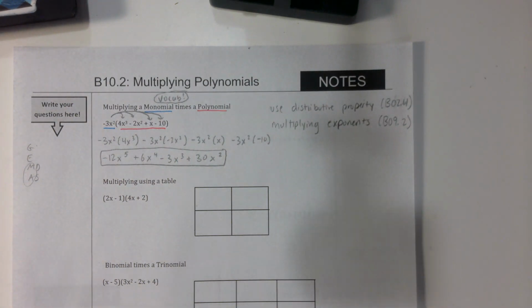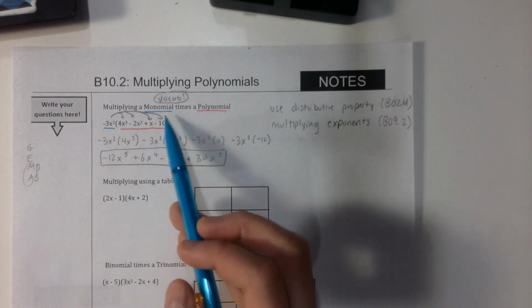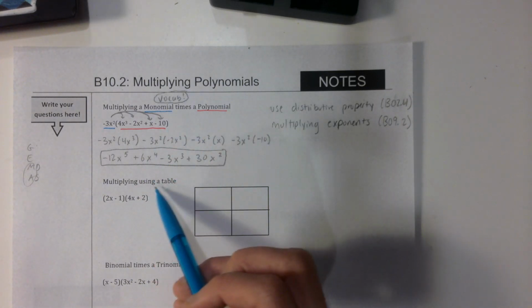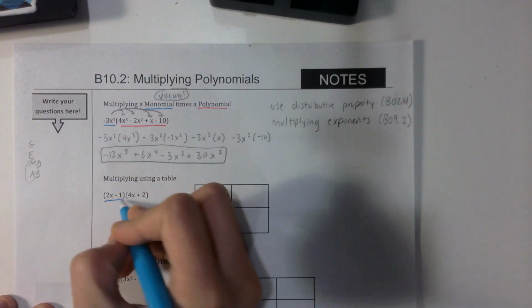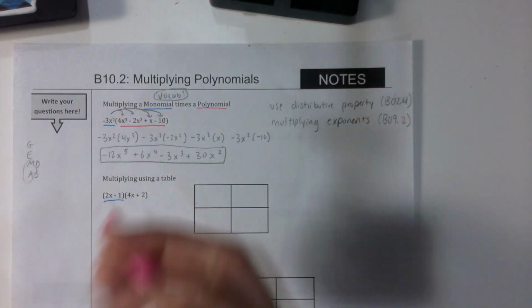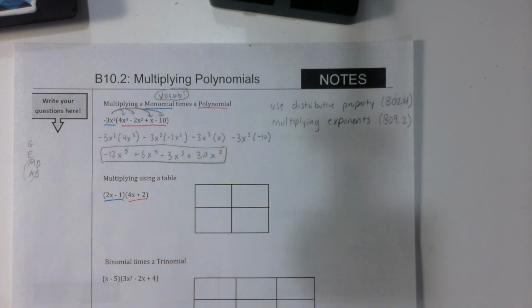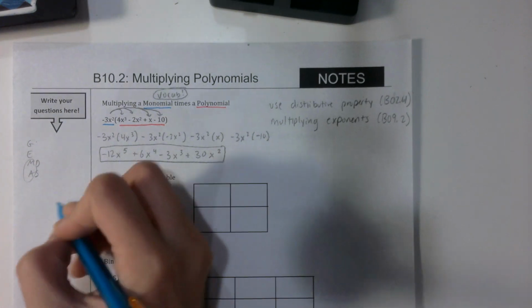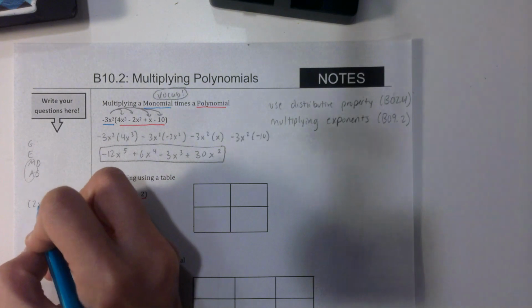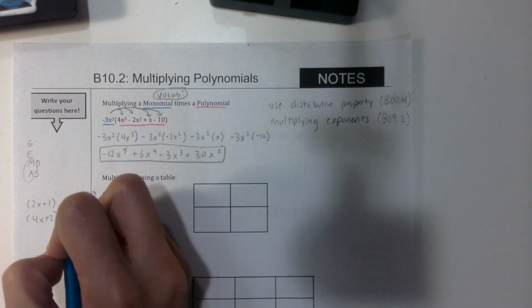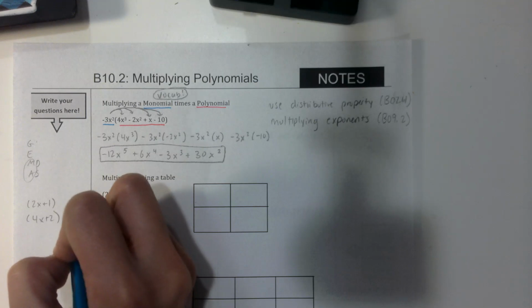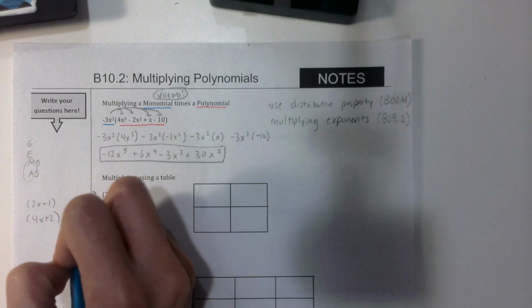Okay, there's another way when you don't have a monomial times a polynomial, where you're multiplying using a table. Pretty much what we're going to do is take each factor. 2x plus 1 and 4x plus 2, these are factors, which is a vocab word.